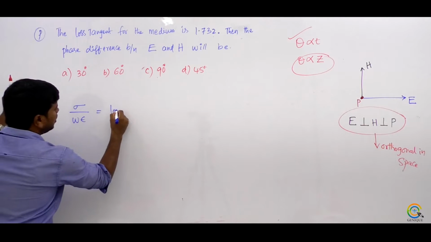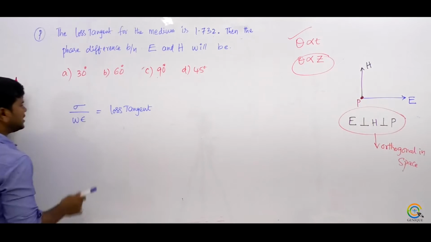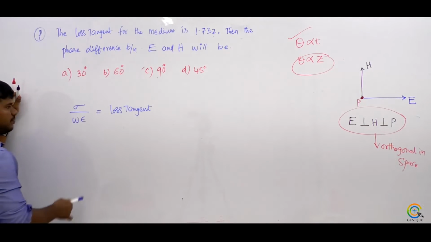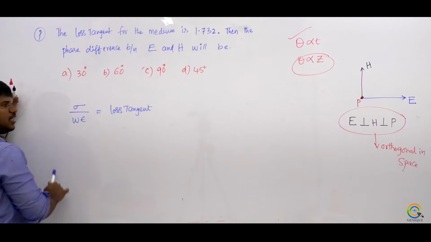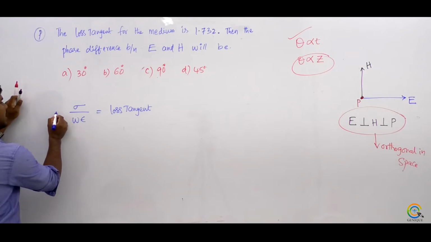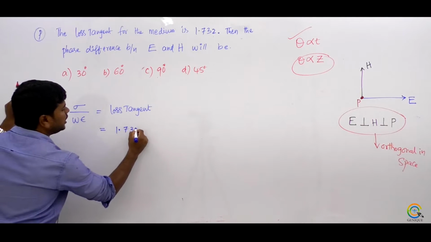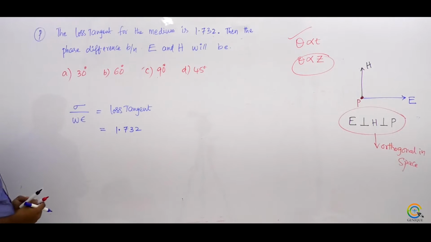Sigma is the conductivity of the medium, omega is the frequency and epsilon the permittivity. It is given as 1.732.